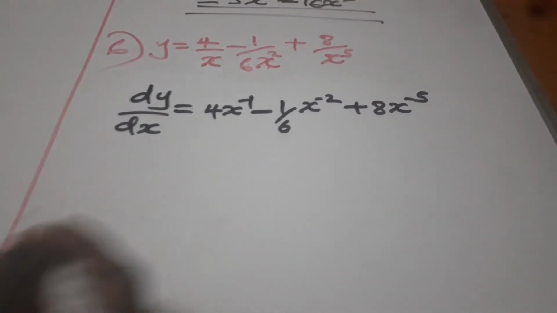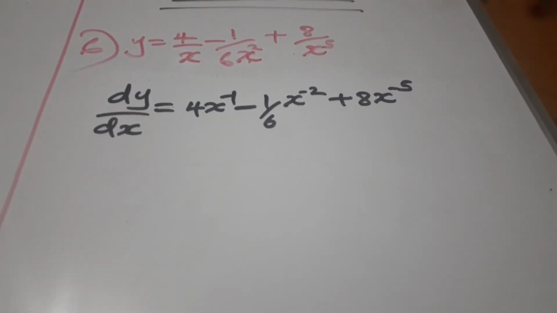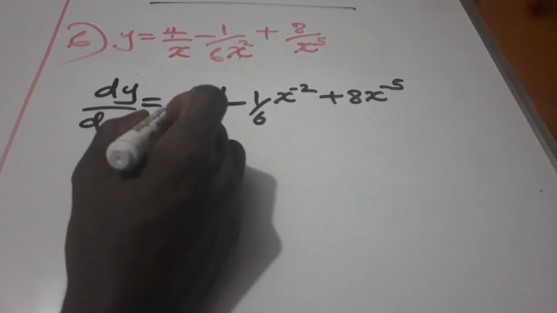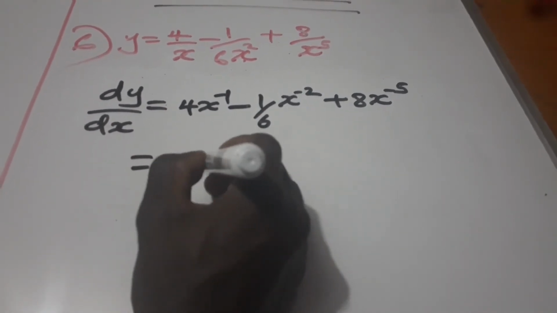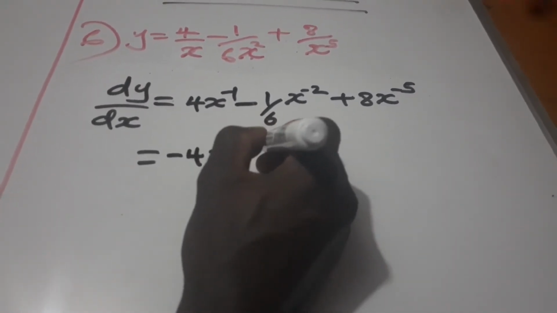Here you do the multiplication first, and then the subtraction. It will be negative 4 multiplied by negative 1, which gives us negative 4, and then x, negative 1, you subtract 1.